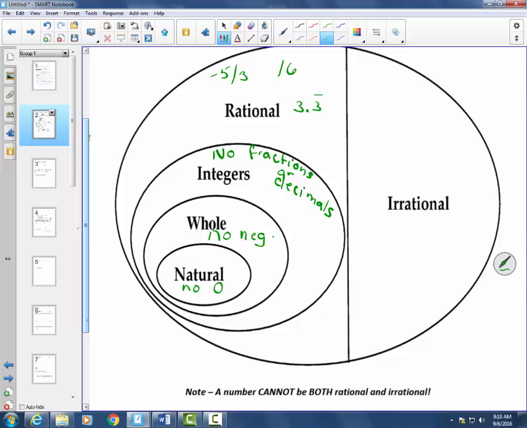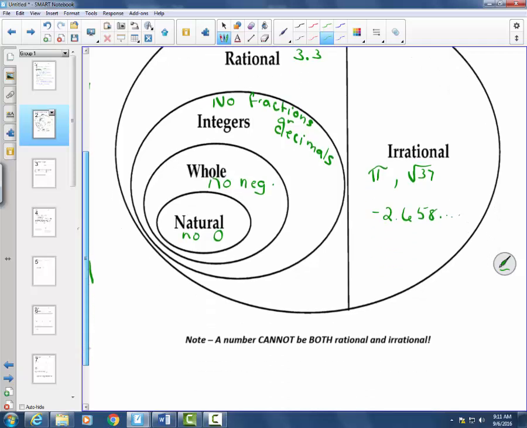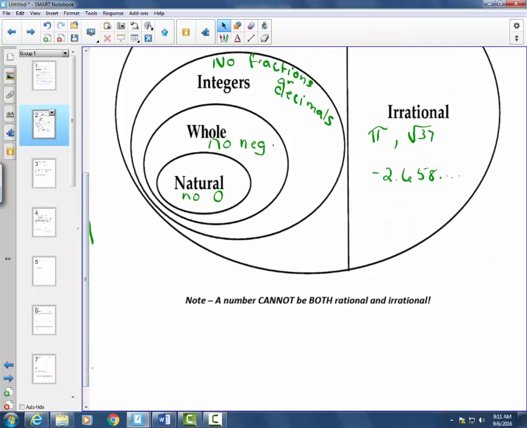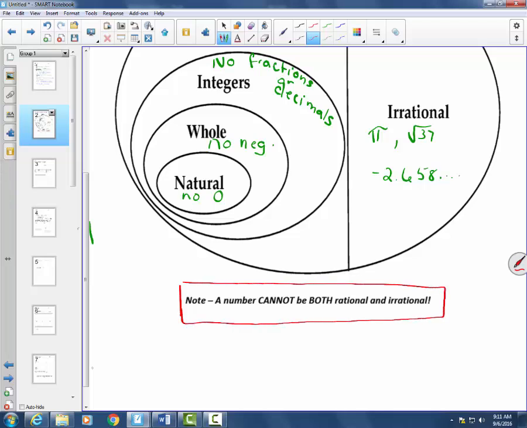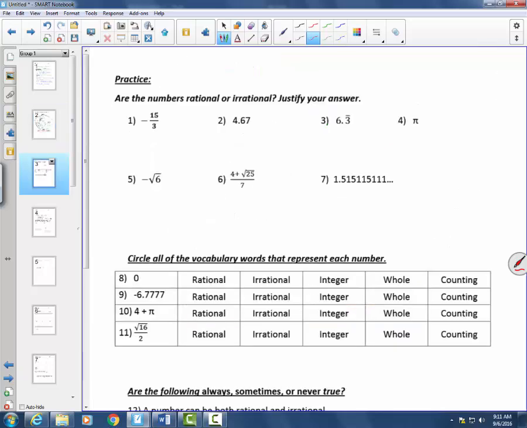Irrational numbers, you're going to have things, again, we'll put in our pi, we'll put in our square root of 37 this time, we'll make a negative 2.658 ... Down here, note, underline it, highlight it, do something, box it, whatever. A number cannot be rational and irrational at the same time. It doesn't work. That circle got split.